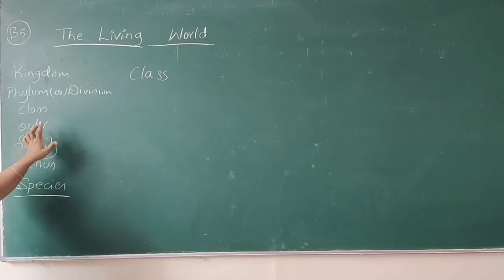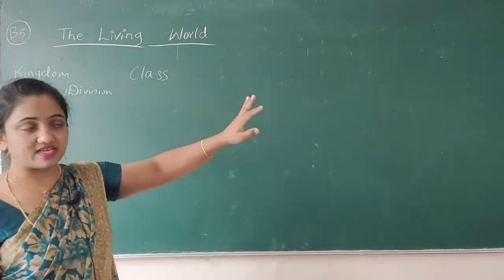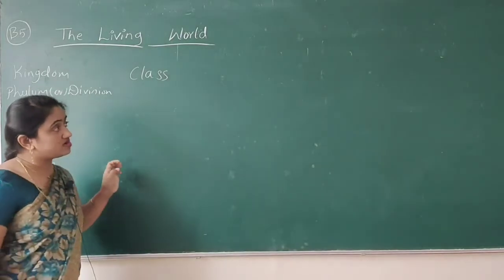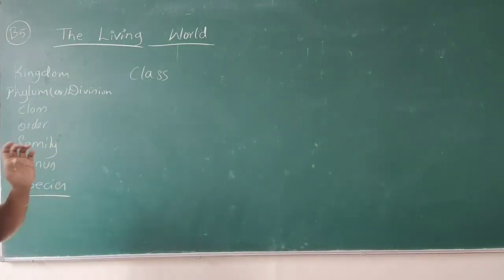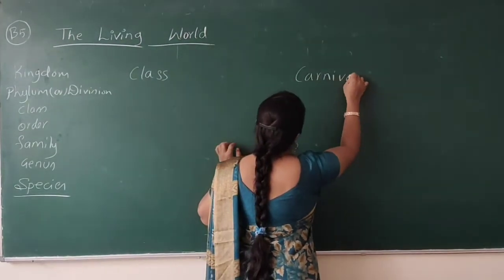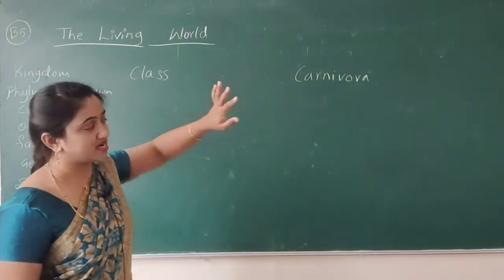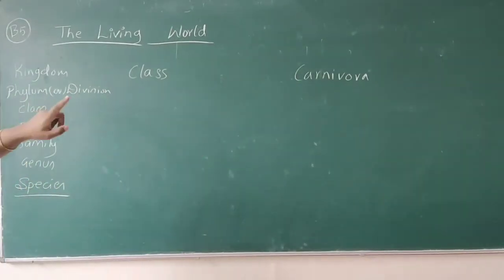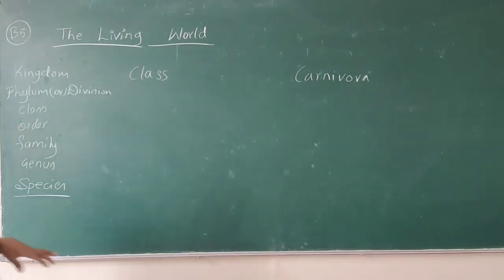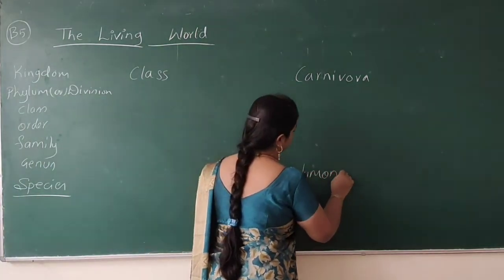In the order, I wrote some examples on that day, right? The orders are Carnivora, which I wrote in the last session, and the next one is Polymoniales.